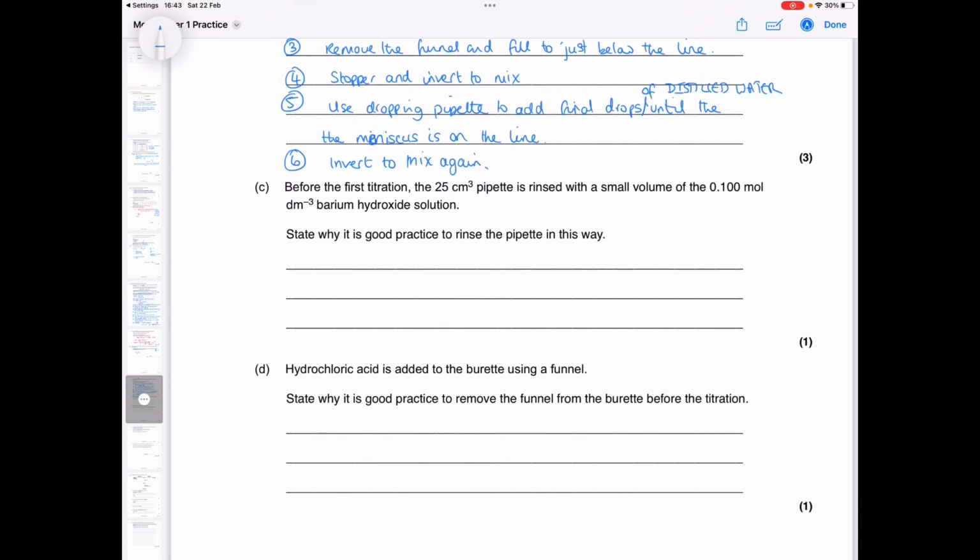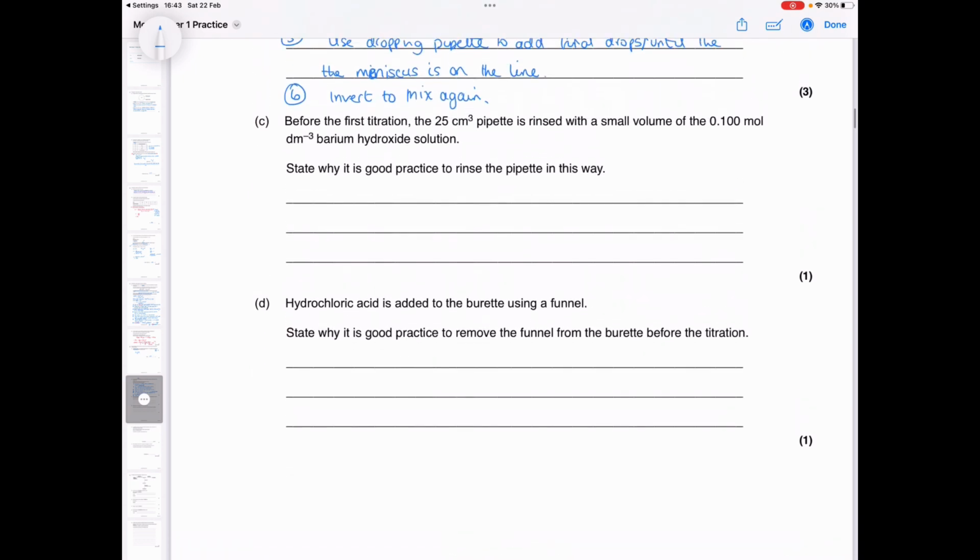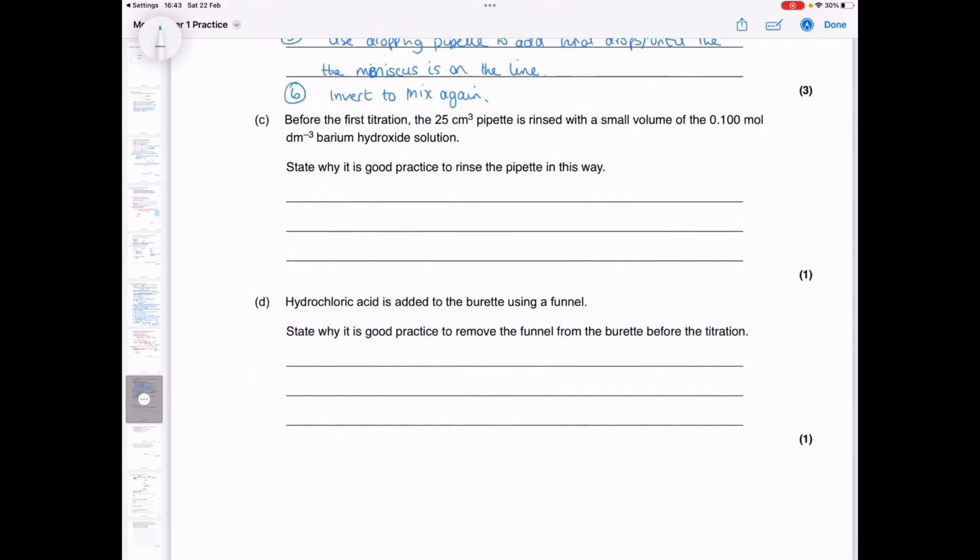Before the first titration, the 25 centimetre cubed pipette is rinsed with a small volume of the 0.1 mole per decimetre cubed barium hydroxide solution. State why it is good practice to rinse the pipette in this way. And that's to ensure the concentration is not affected by any water in the pipette.